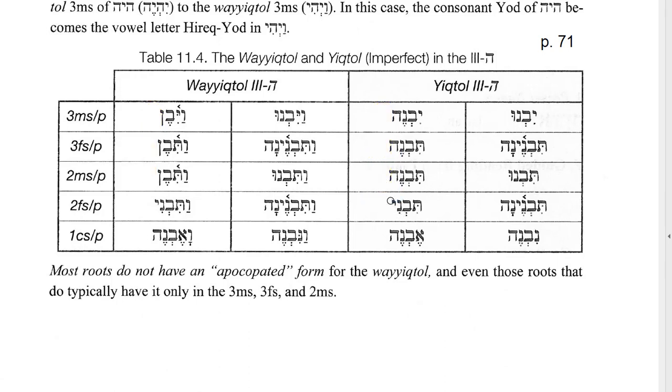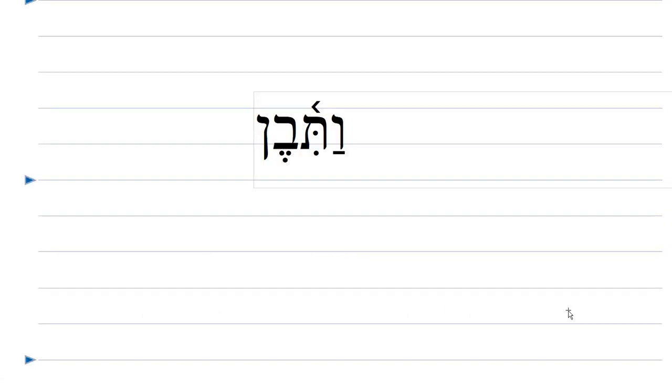So in all cases where there is a suffix, for instance, the hirik yod remains in the Yiqtol. If there is a shurik, the shurik remains in the Yiqtol. If there is a na, the na remains in the Yiqtol. So the only case where you ever see anything drop off is where there was no suffix to begin with. When I see my form, which is wativen, I can tell that there is no suffix here.